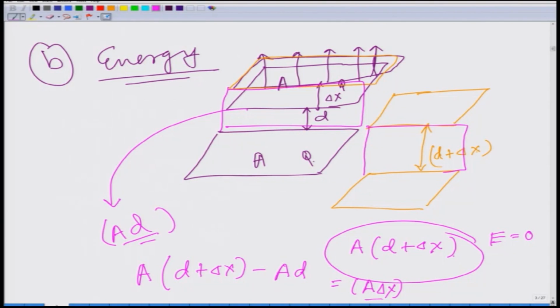Now the electric field between the two plates is always 0. So if you increase the volume, then the volume in which E inside is 0 is getting larger. So the energy actually drops down.